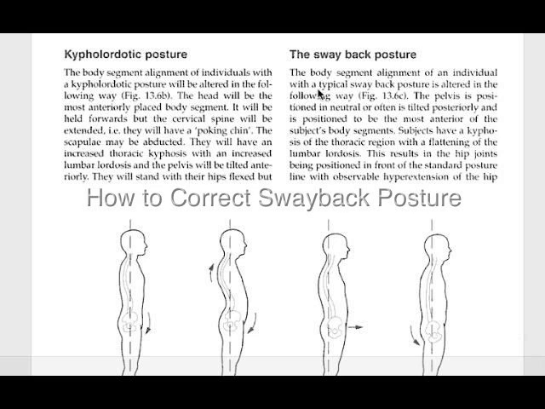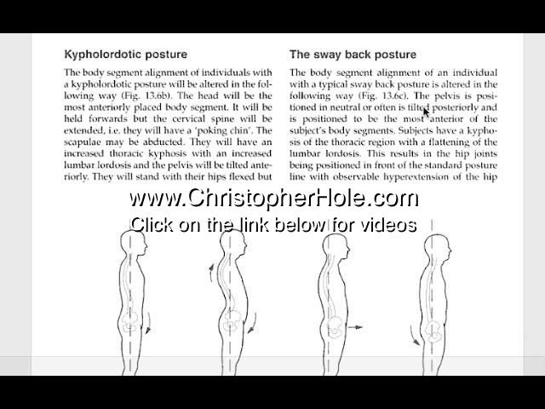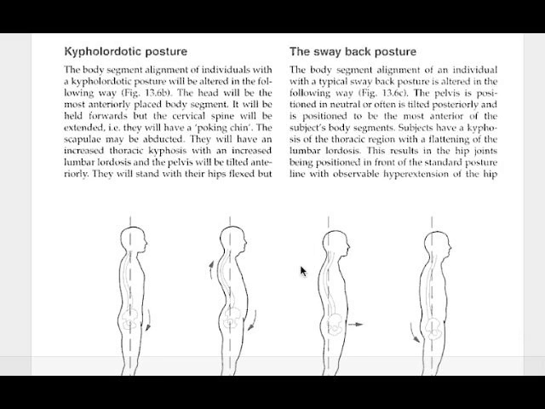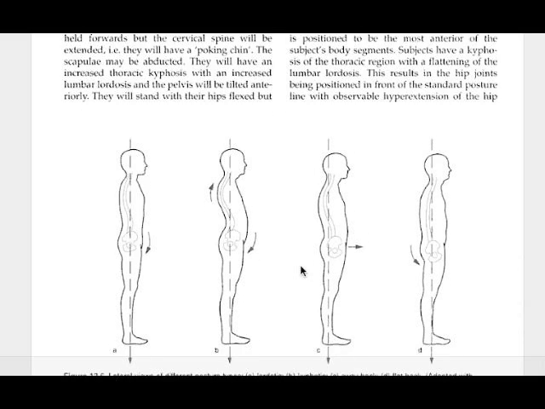Swayback is where the pelvis is positioned in neutral or tilted posteriorly, and is positioned to be the most anterior of the subject's body segments. So what that basically means is it's this picture here. If I scroll down ever so slightly, you can see this picture here, C, and if we look at the other pictures, you can see this plumb line go straight through the middle of the hips.